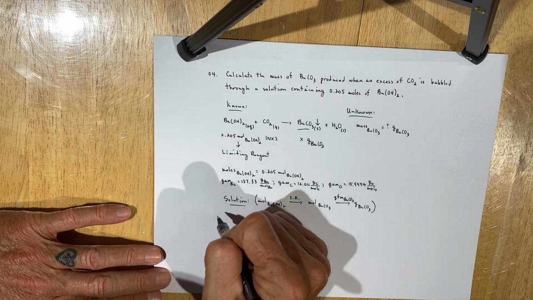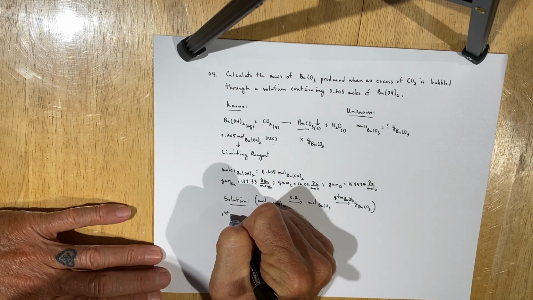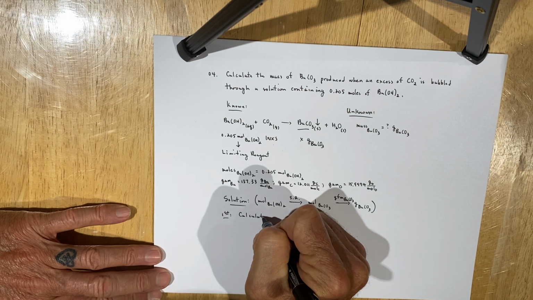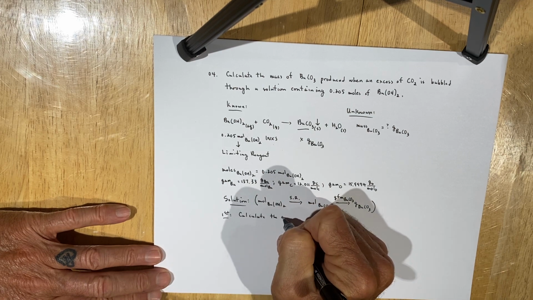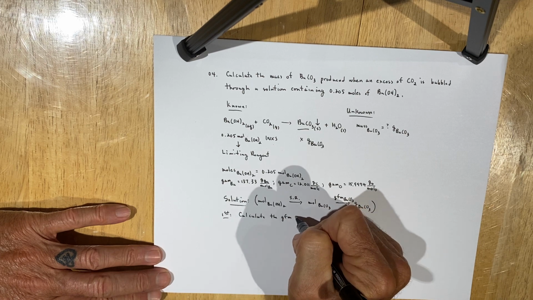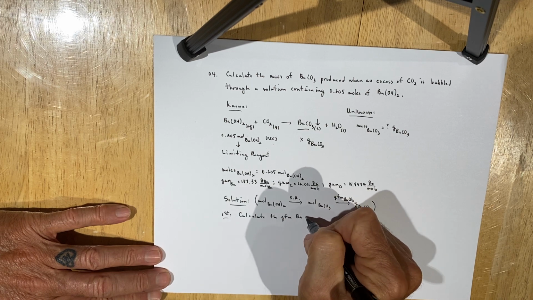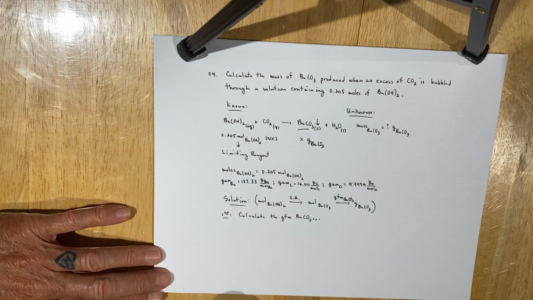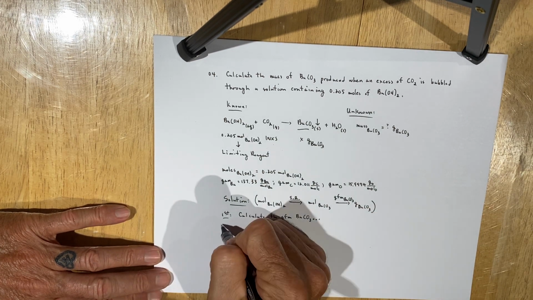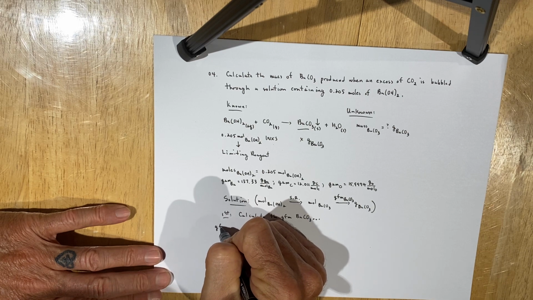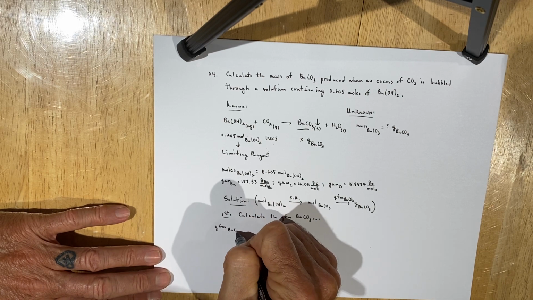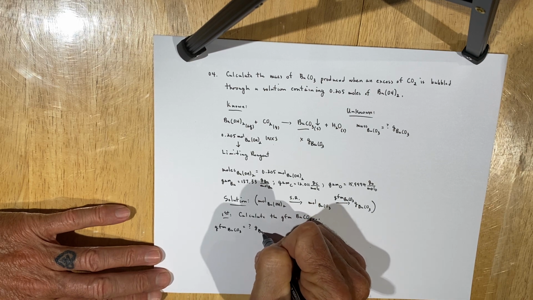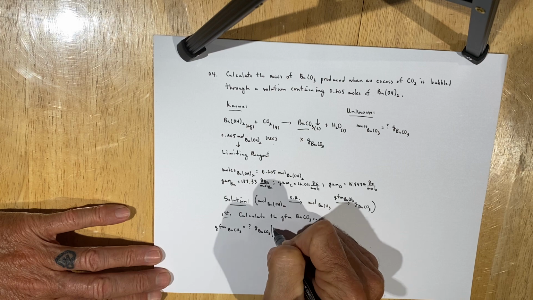So armed with those three pieces of information, you should be good to go with predicting how much barium carbonate you can produce. Before you can do anything, the first thing you're going to need to do is to calculate the gram formula mass of barium carbonate, which is one of the skills you learned in the last section on chemical quantities. So you're looking for the gram formula mass of barium carbonate, which is expressed in some units of grams of barium carbonate.